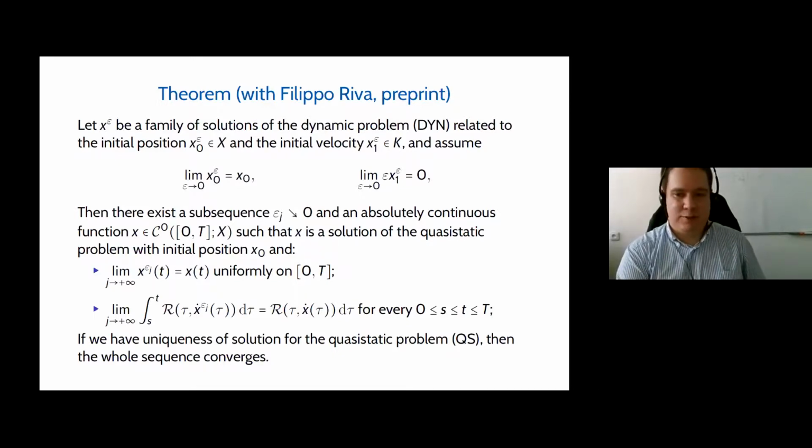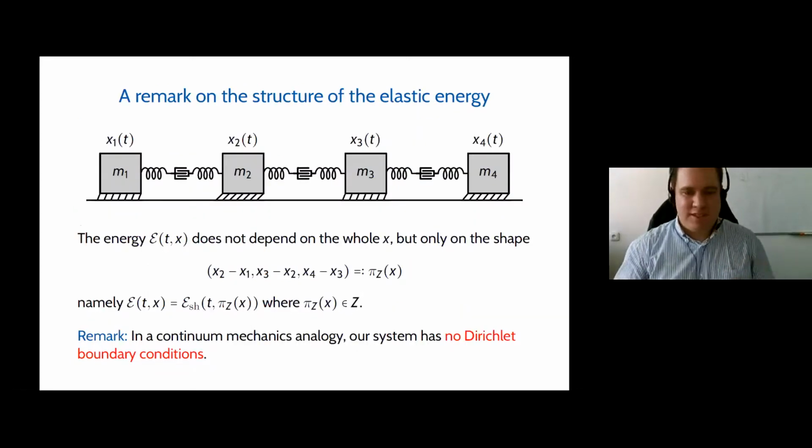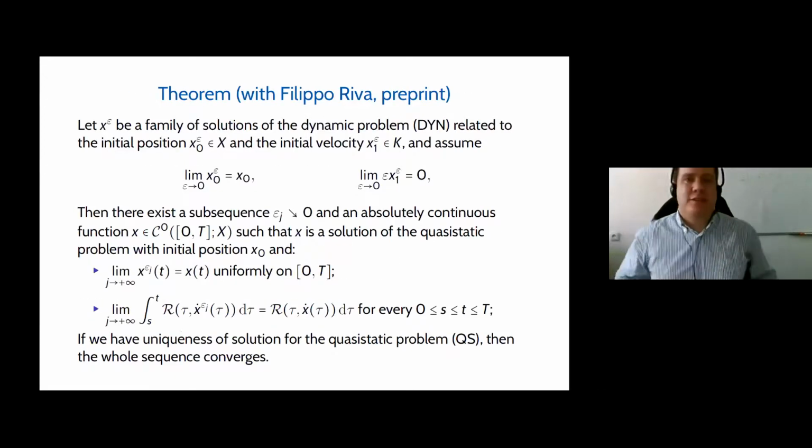If you know that the quasi-static problem has a unique solution, the whole sequence converges. Okay, so let me show you the theorem a little more. So this is what we could expect. The solution of the dynamic problem converges to the solution of the quasi-static problem. This is what we wanted to prove.